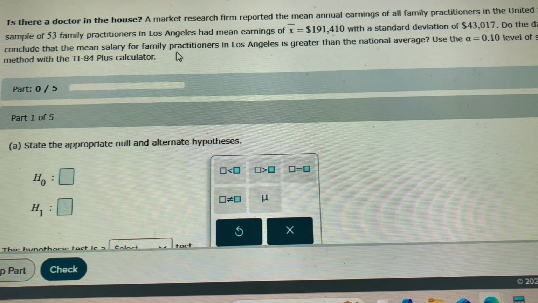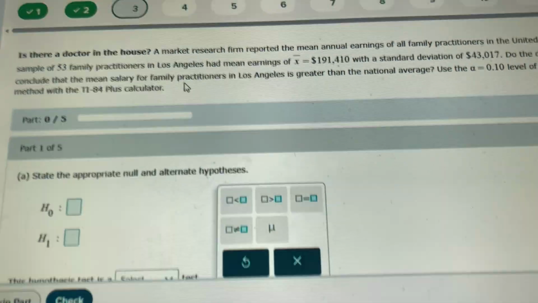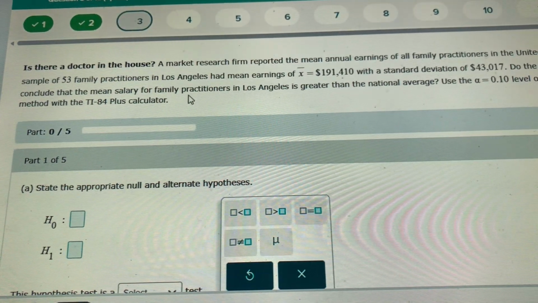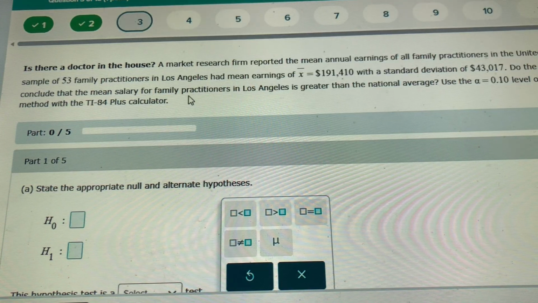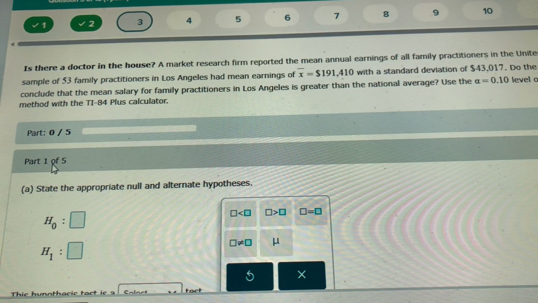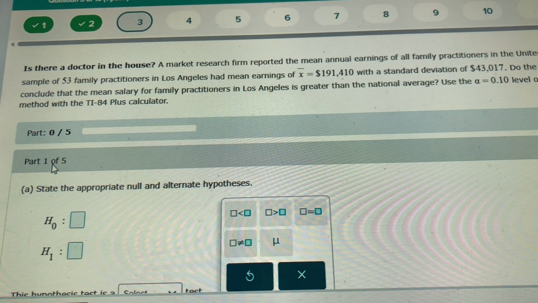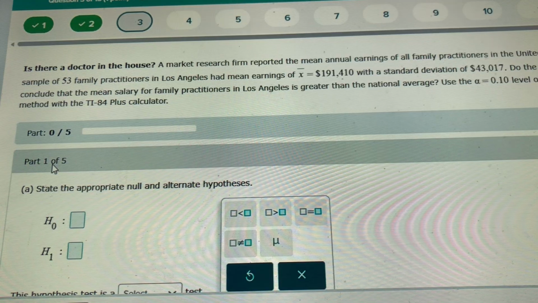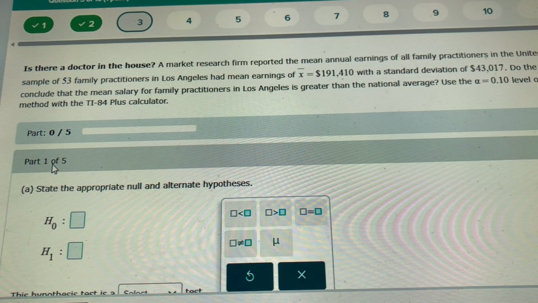Okay, so that wasn't the full process that we normally do, but here in number 3 they're doing it now, because I can see part 1 of 5, so that's when you do all the steps. This is going to be very similar to the problems that the last unit ended with, when we were in section 9.2 and we were doing the z-test. This is going to be a t-test though.